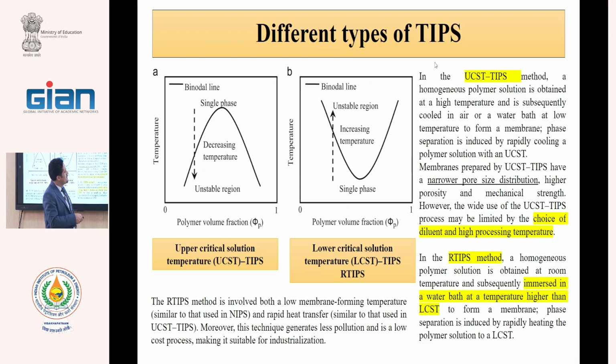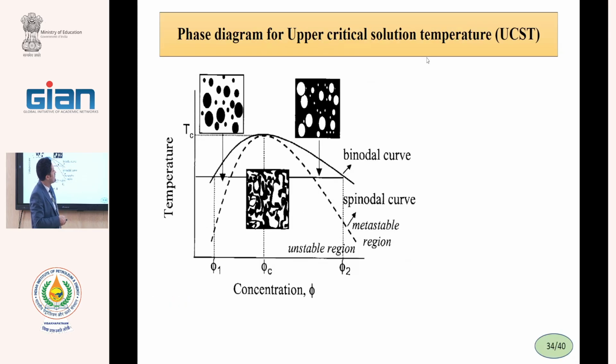Therefore, in reverse TIPS, at room temperature, the polymer can dissolve in the solvent. We cast the film and increase the temperature. When it reaches 100, the liquid changes to solid. In this case, we have an LCST. We see upper CST, critical solution, and lower. Most often we have the first process, but in some cases we have this behavior.